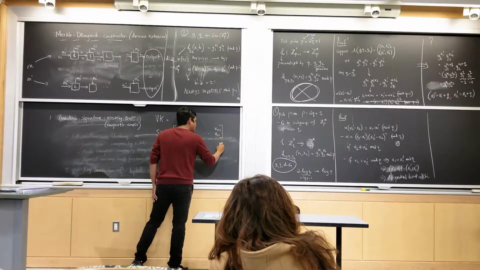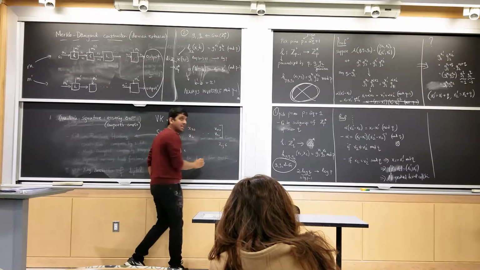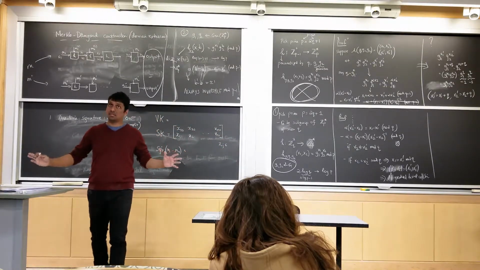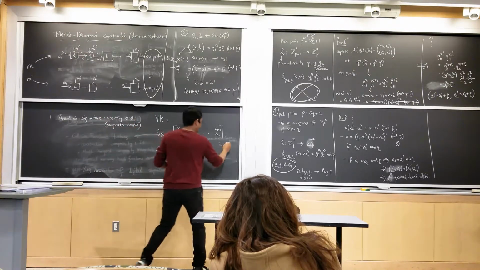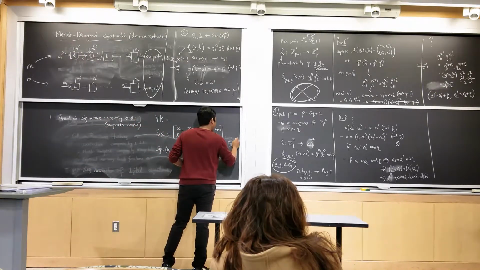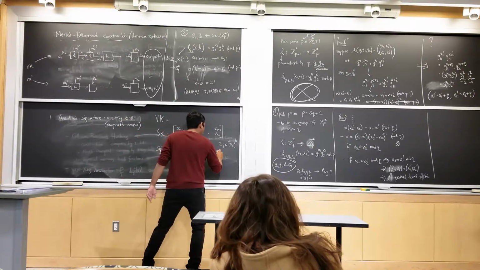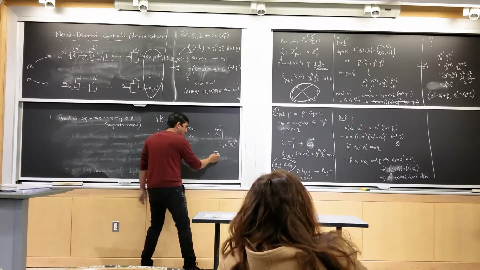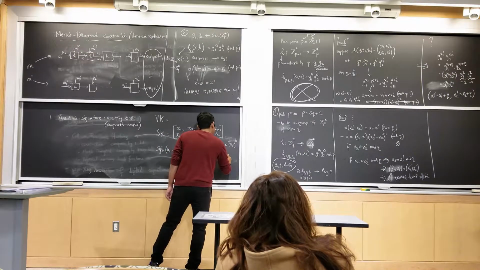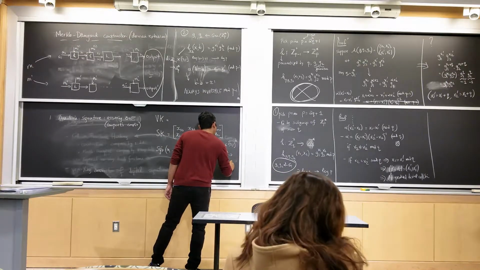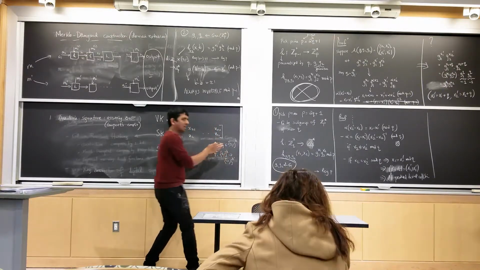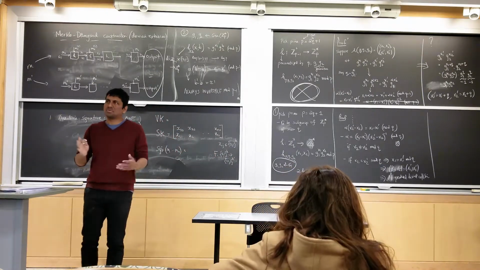Each xij is a large number. It's not a bit. It's a number from {0,1}^k, where k is a security parameter. Now I'm also going to assume that there is a one-way function f that goes from {0,1}^k to {0,1}^k prime. I don't particularly care that k and k prime are the same, just some k prime.